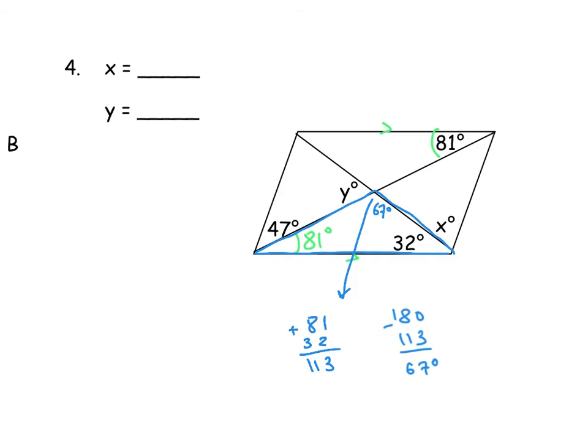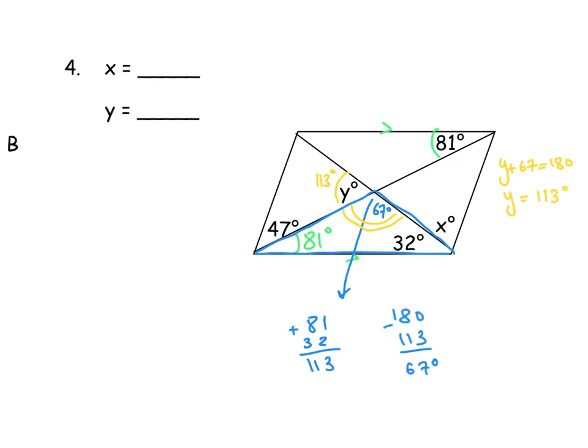Now, do you see how y is a linear pair with 67? So y and 67 add up to give you 180 because they're a linear pair. So to find y, I simply subtract 180 minus 67, and that's going to give me 113. So y is 113 degrees.